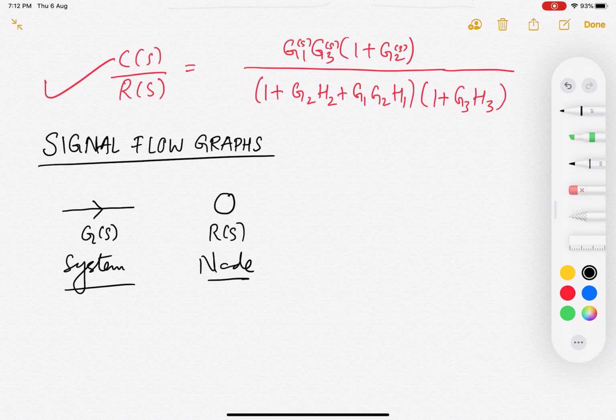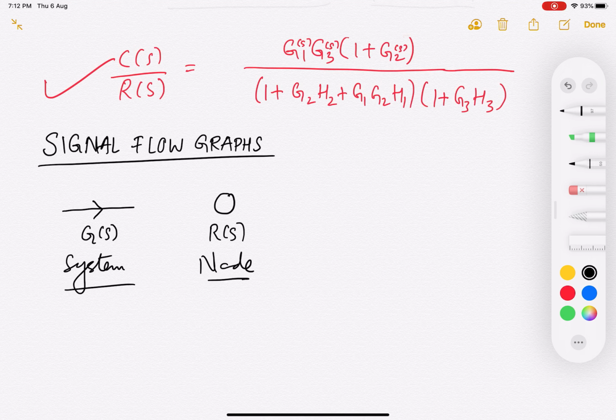This is again a representation, just like the block diagram representation. There is a slight difference in the way we draw the block diagram and solve it, and the way we draw signal flow graphs and solve them.